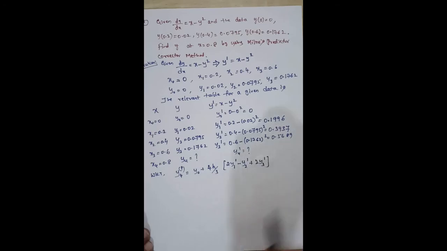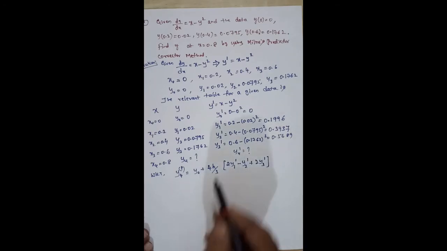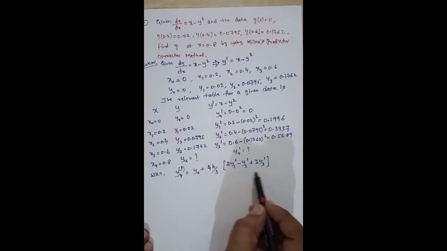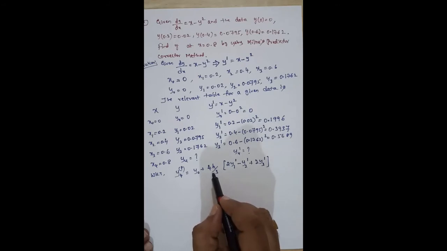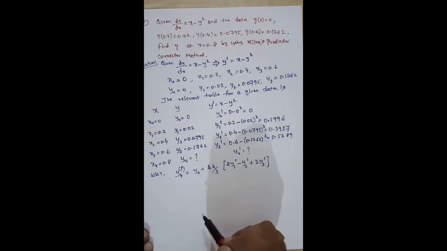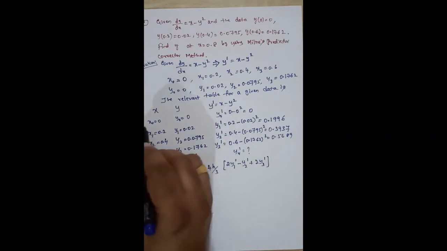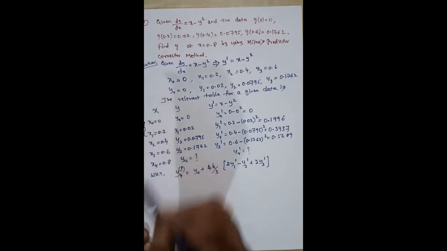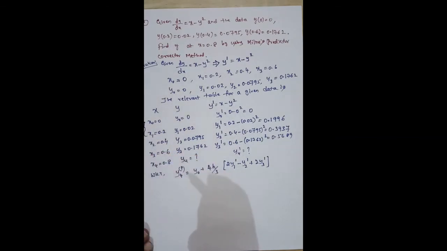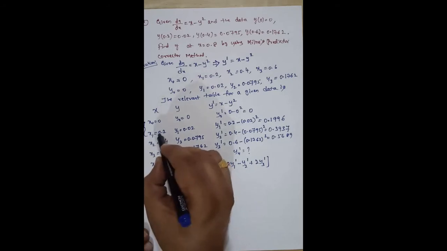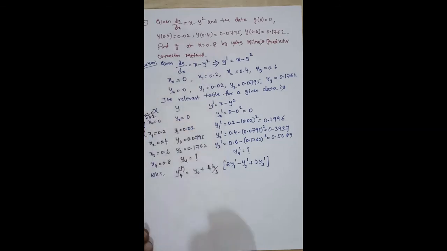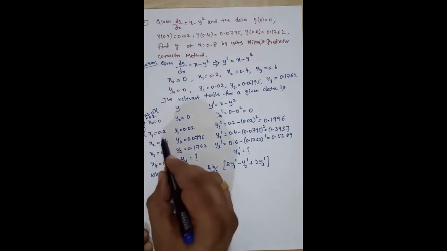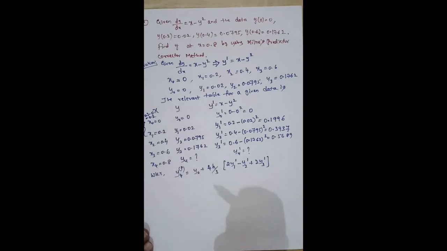Already I told how to remember this. You know the values of this y1 dash, y2 dash, y3 dash and even y0. The problem is this h, and h is step length. So how to calculate h? So just take a difference of any two consecutive values of x. So if I subtract here, h is 0.2 minus 0. So it gives 0.2. So this is how we can find the value of step length.